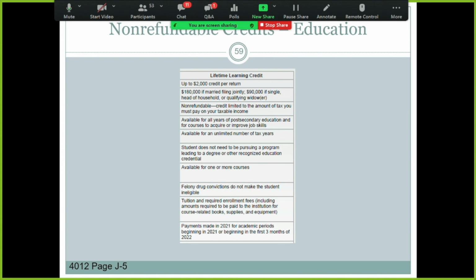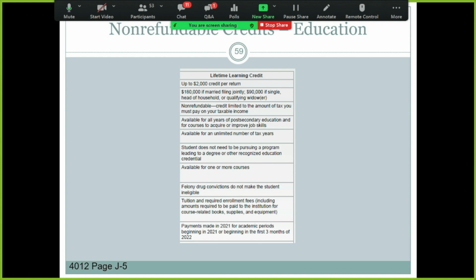So as you can see, some of the guidelines are quite different, but the Lifetime Learning Credit gives you more flexibility. The student does not need to be pursuing a program leading to a degree or other recognized education credential. Available for one or more courses.